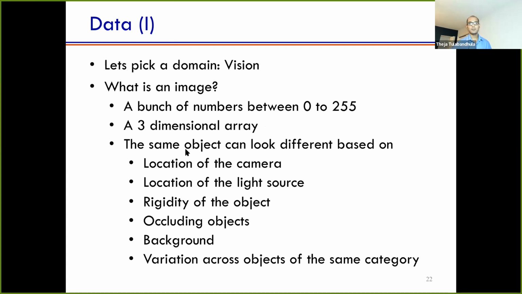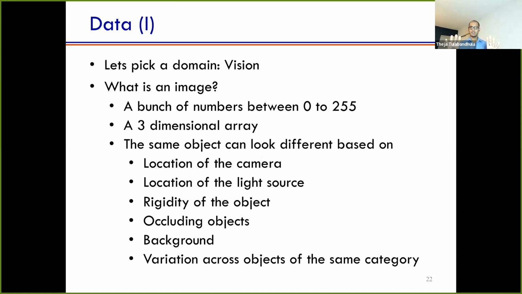And the domain knowledge should tell you that the numbers in this 3D array, which represent an image, for example the image of a cat, can change. It could be the same cat, and the numbers can change because of many different things. So here are some examples.